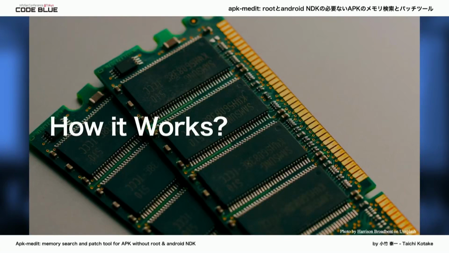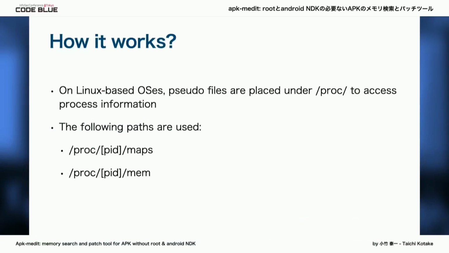Next, I will explain how the tool works. I'm going to show you how memory modification works now. On Linux-based OSs, special files are provided in proc to access process information.